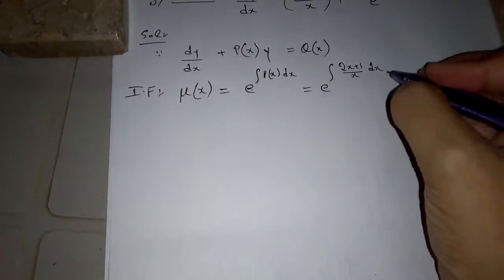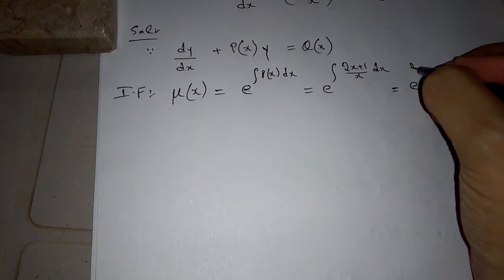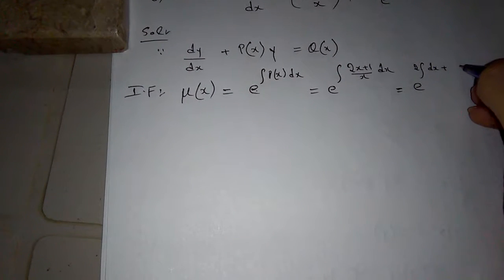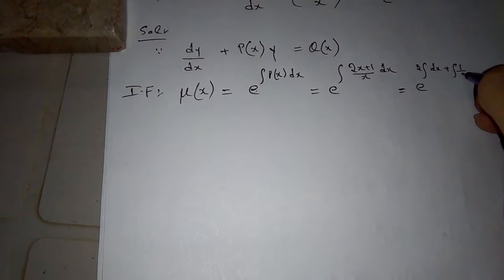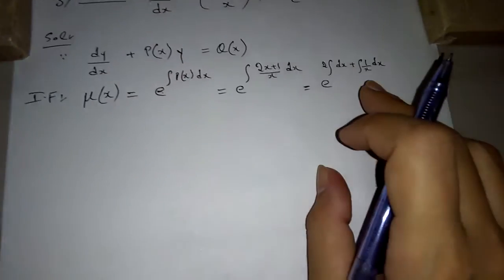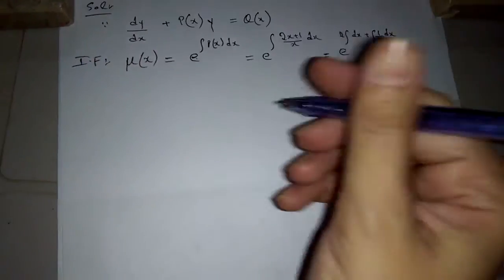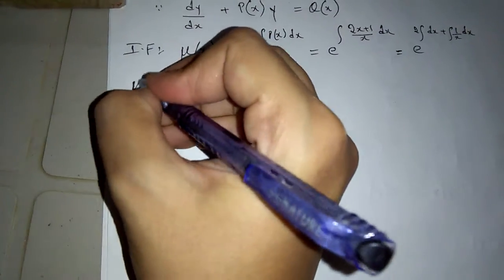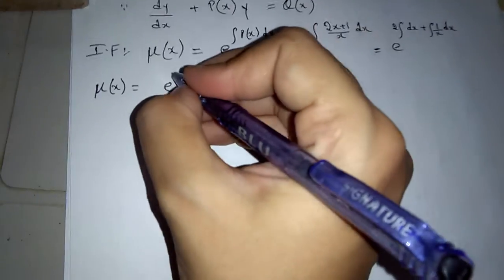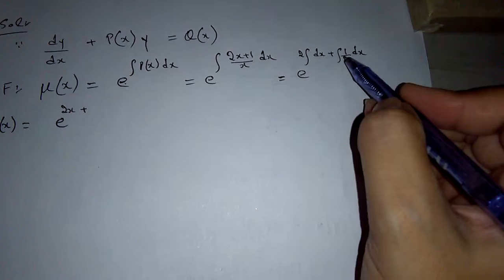Okay, so if I just try to integrate it separately, it can be written something like this. Yeah, it can be written something like this, right? So over here I'm going to get e raised to the power 2x plus ln x.